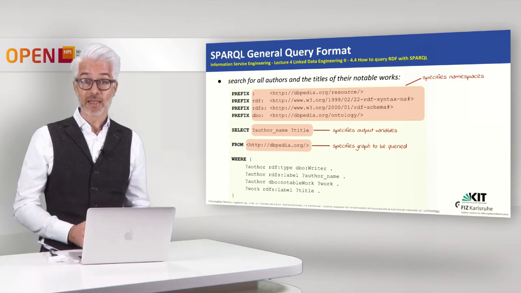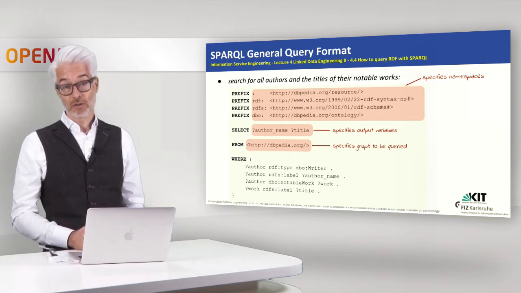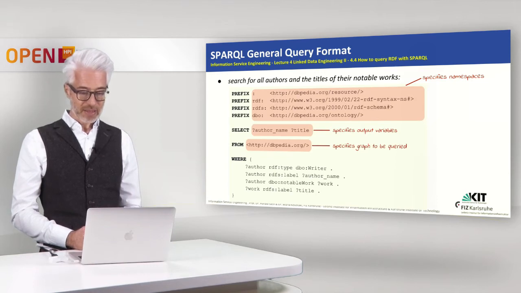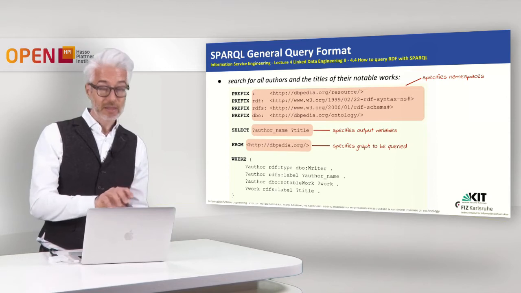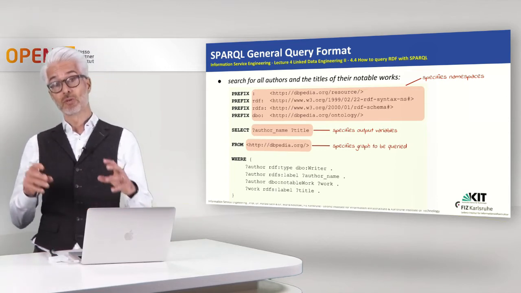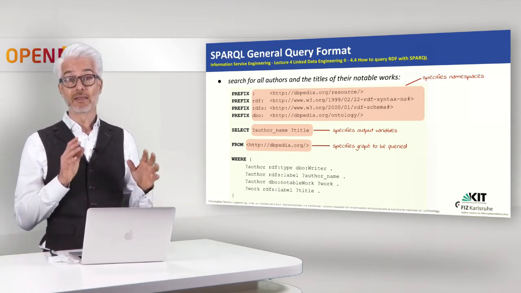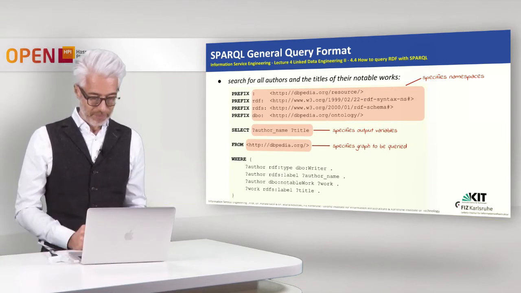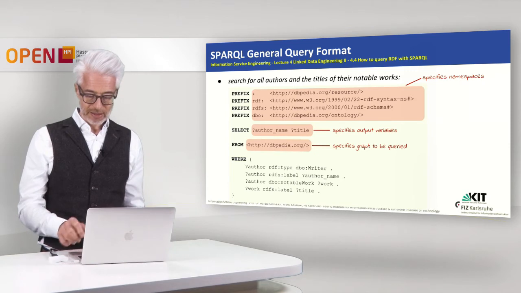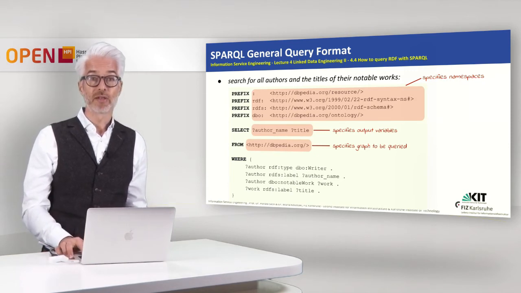So here it's http dbpedia.org. So we are querying here the DBpedia graph. And of course, for this query to work, it has to be put to a SPARQL endpoint where exactly this graph is available. So this is the from clause, and it specifies the graph to be queried.